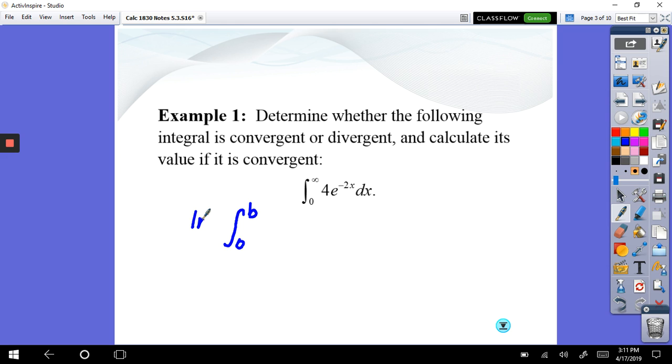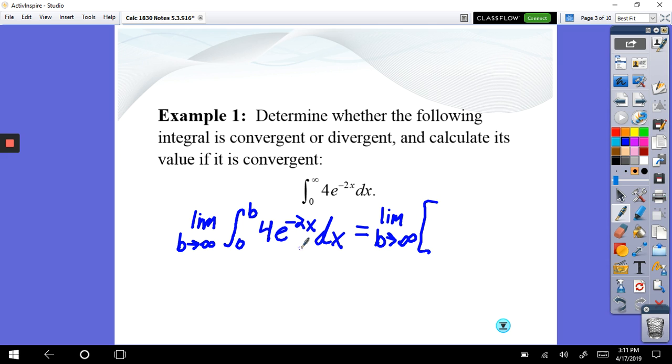So we're going to do the limit as b approaches infinity of 4e to the negative 2x dx. So just integrate that, which is going to give you the same thing divided by negative 2. So that's the limit. We've got to write our limit every time to be official in notation.